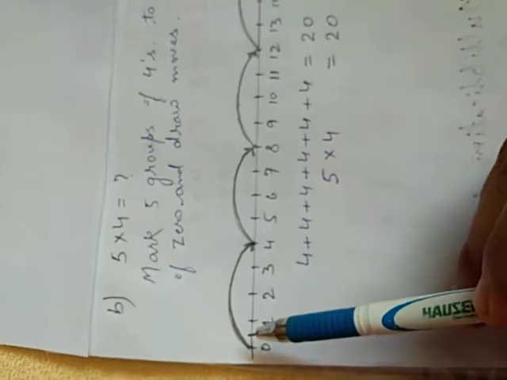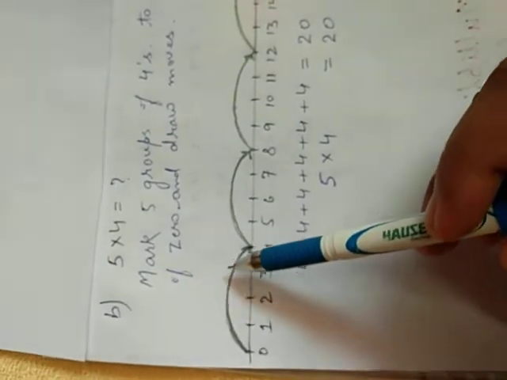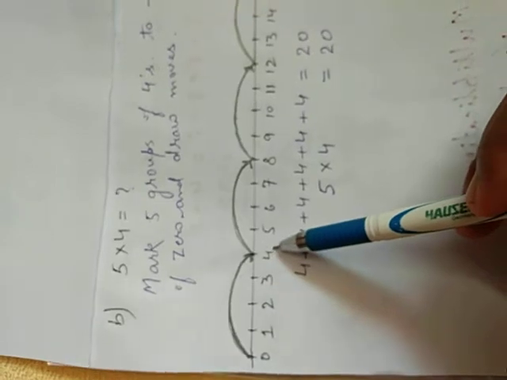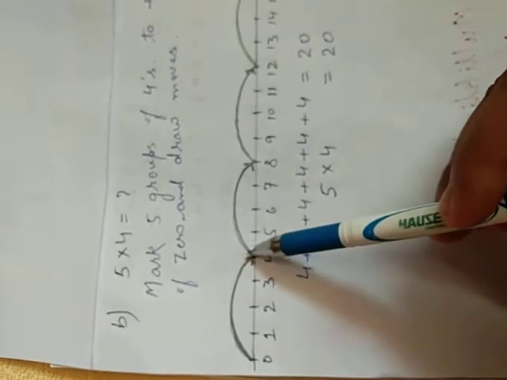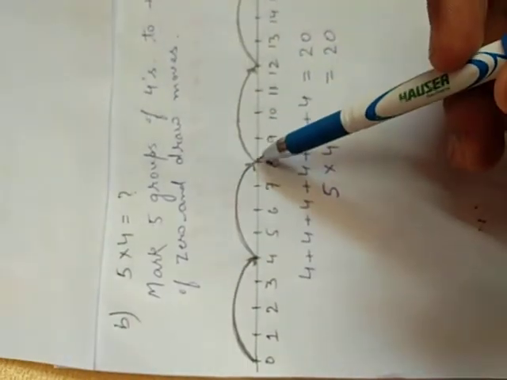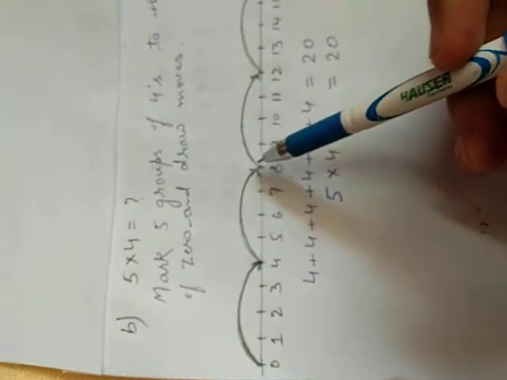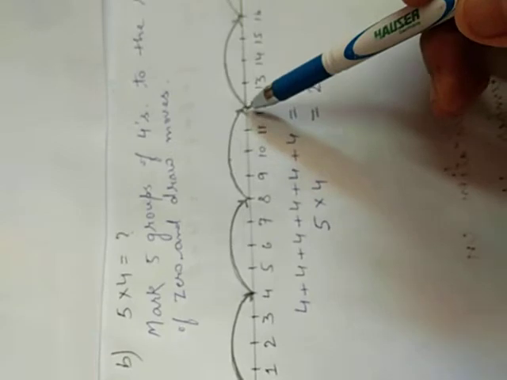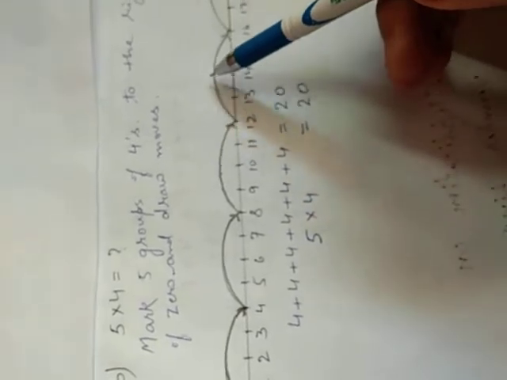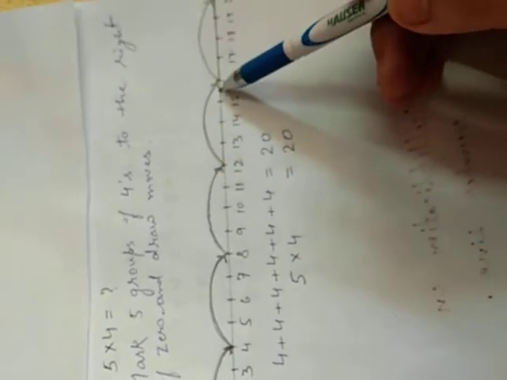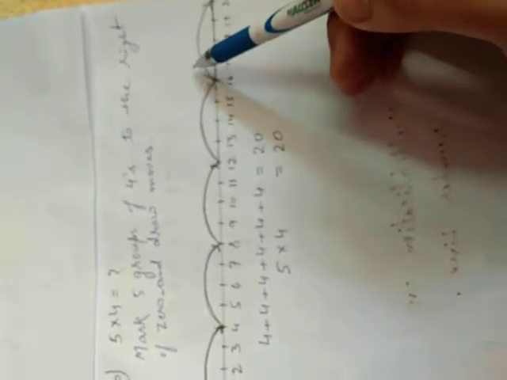Starting with 0, in the first jump we reached 4, in the next jump 8, in the third jump 12, in the fourth jump 16, and in the fifth jump 20.